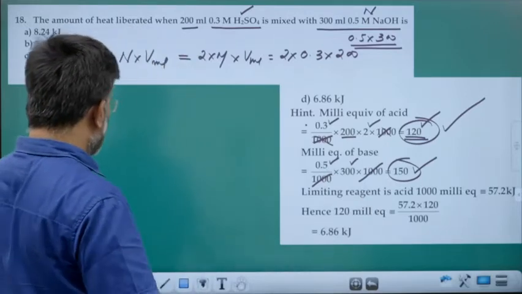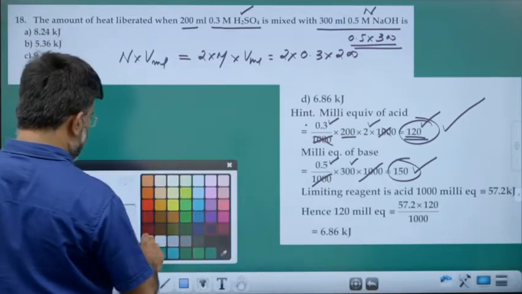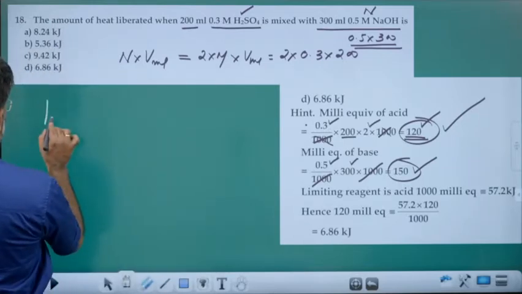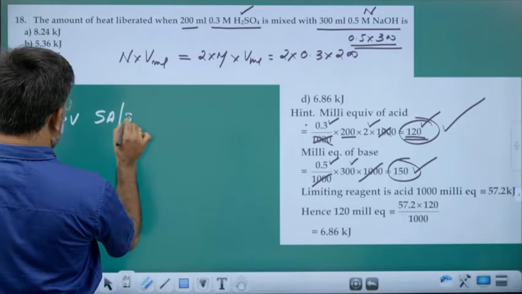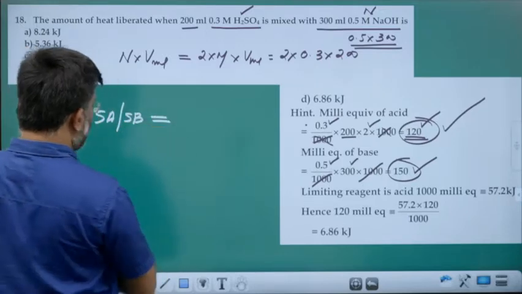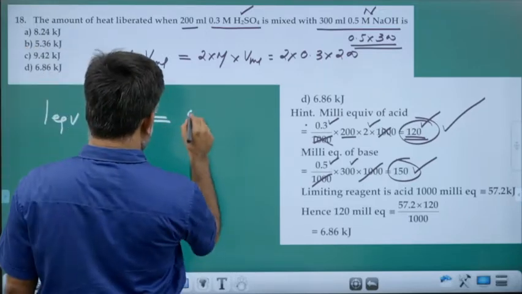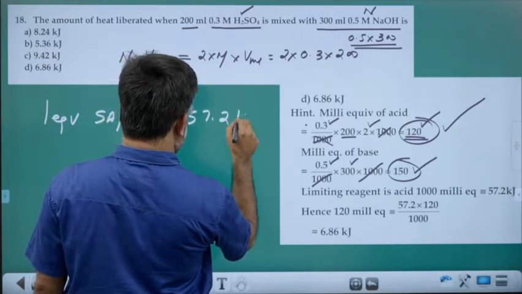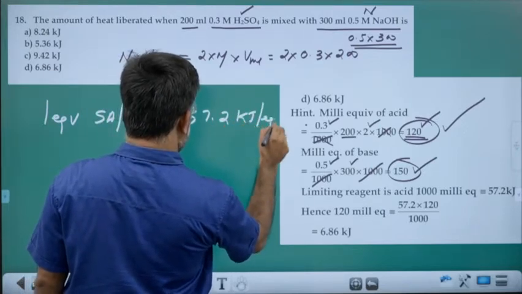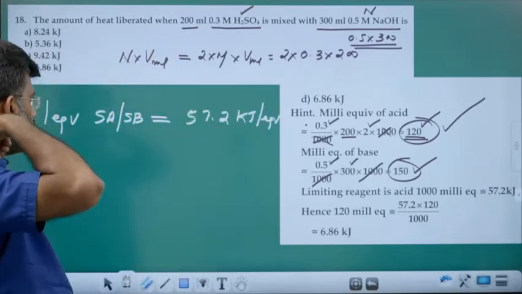You must know that one equivalent of strong acid or strong base, when completely neutralized, liberates 57.3 kilojoule per equivalent. That is the data for one equivalent.